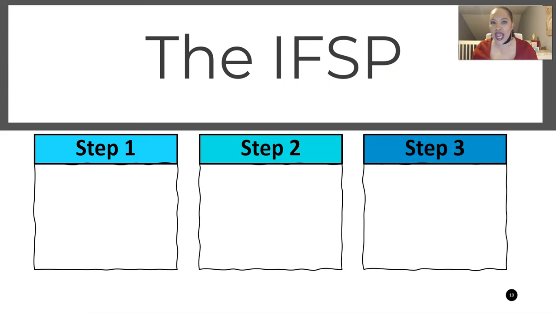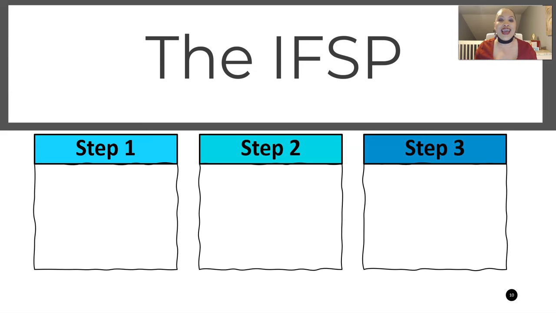So it is a one-year plan that a multidisciplinary team creates. And when we say multidisciplinary, there may be an occupational therapist on the team, there might be a speech pathologist, a special education teacher, might be a nurse.